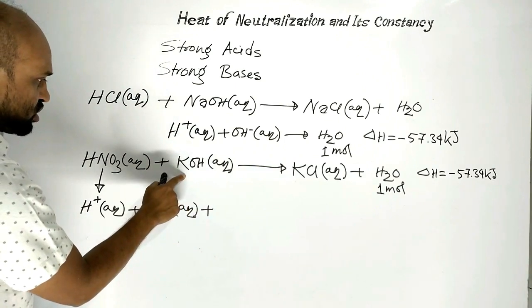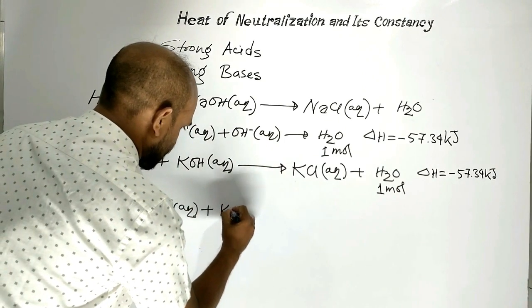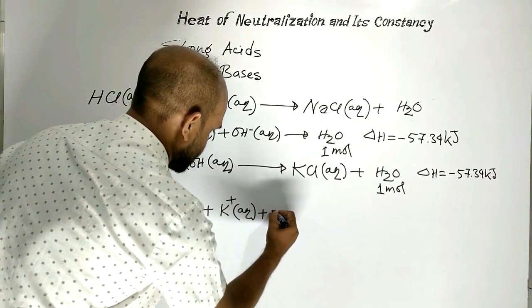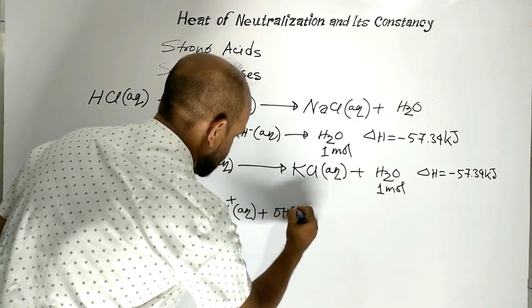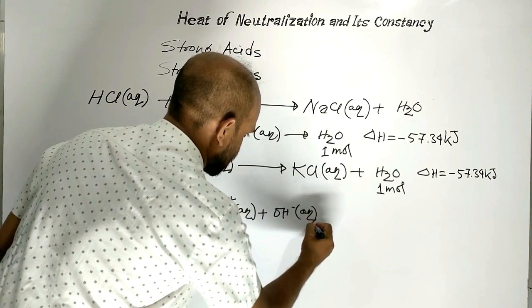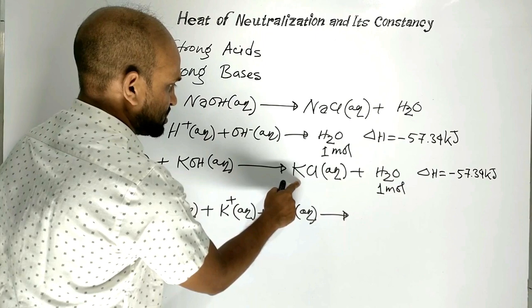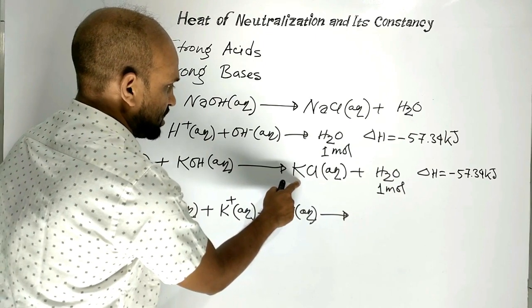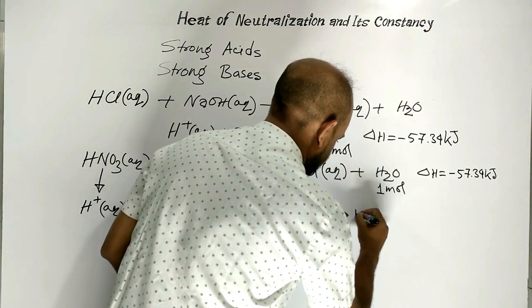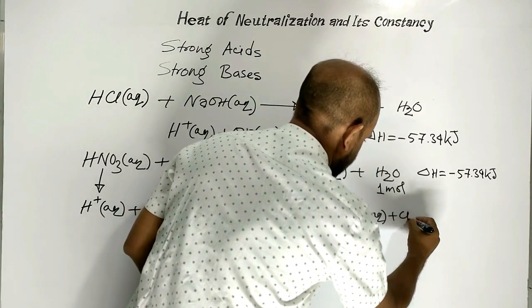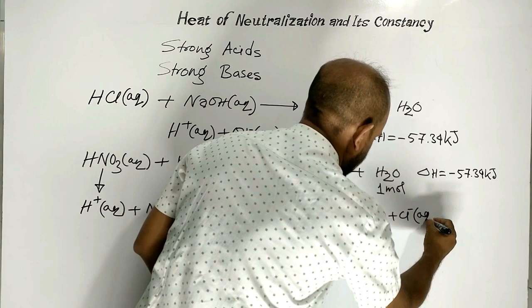The strong base ionizes 100% to form potassium ion and hydroxide ion.